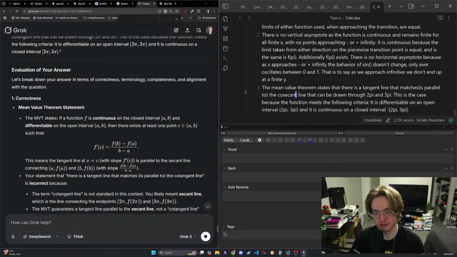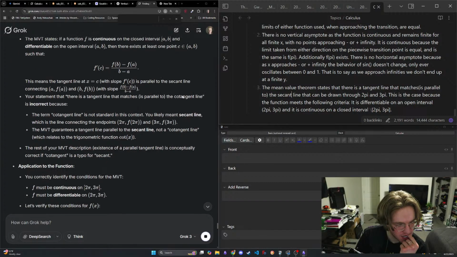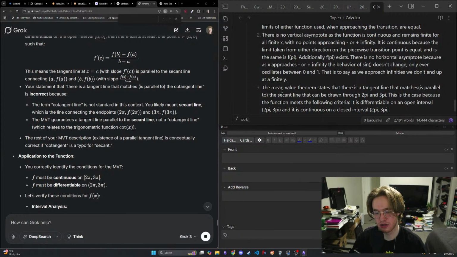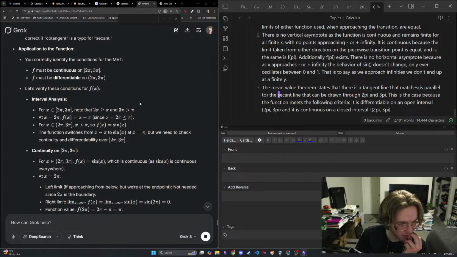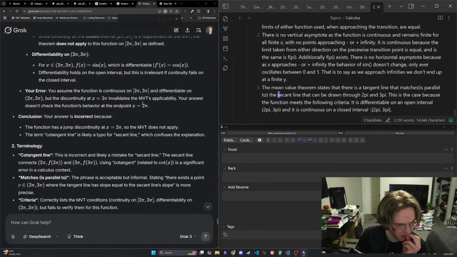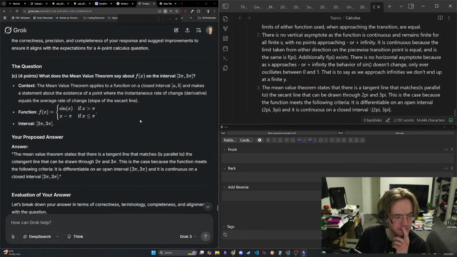Oh, the secant. Wait a second. There's a jump discontinuity at 2 pi.